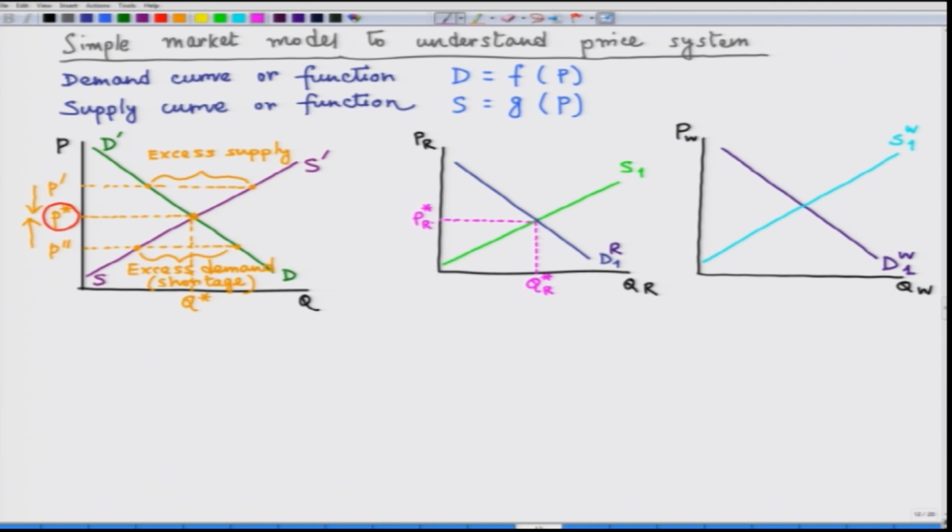Now, at this equilibrium price P star R, suppose the consumers have started demanding more rice because there is a change in taste and preference. If that is the case, then we are talking about a parallel shift in the demand function, and let us denote this new demand function by DR2.